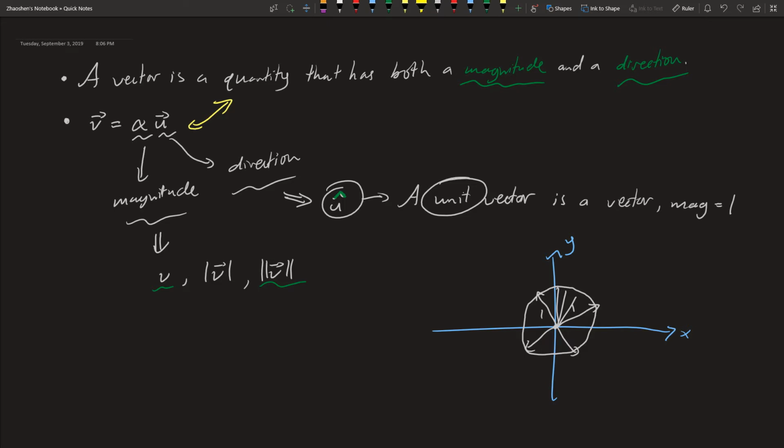You have an origin, which is the center, and vectors that all have magnitudes of 1, meaning they're the same distance from the origin. That's why they create this circle. So whenever I mention a unit vector, you should always think direction. Always, unit vector means direction.